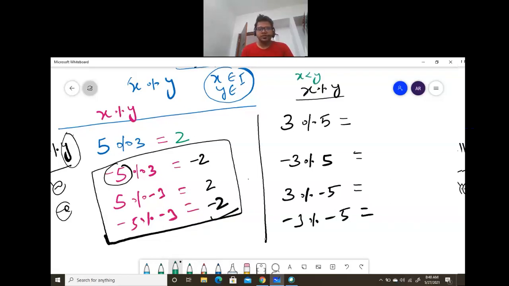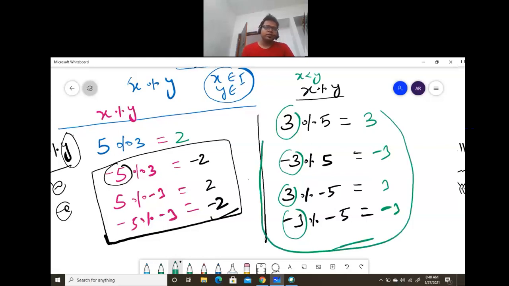If x is less than y, then the answer will be the first operand. This is the first operand: 3, minus 3. This question has been asked in many interviews and competitive examinations, because students don't know how the modulus operator is internally executed in the compiler.